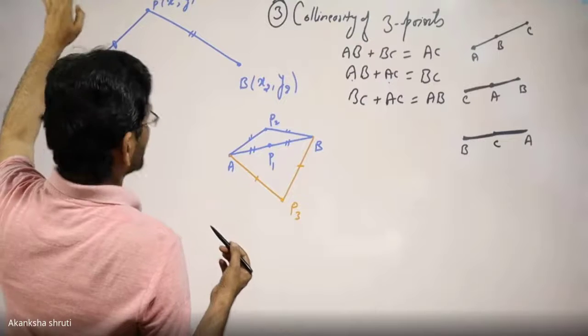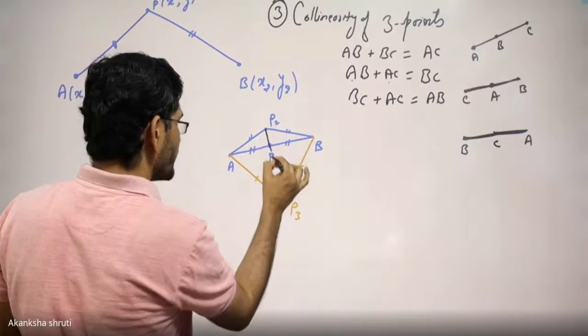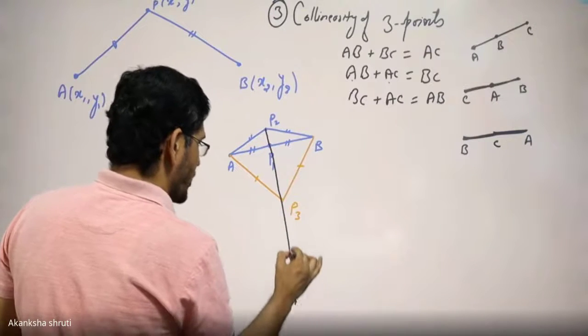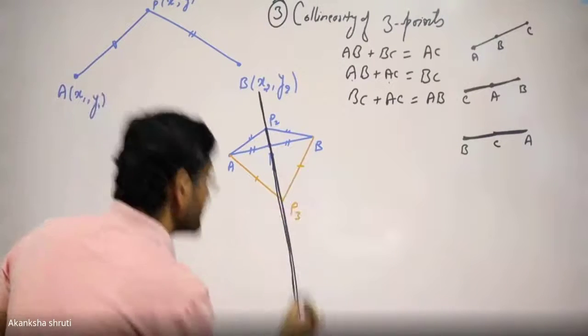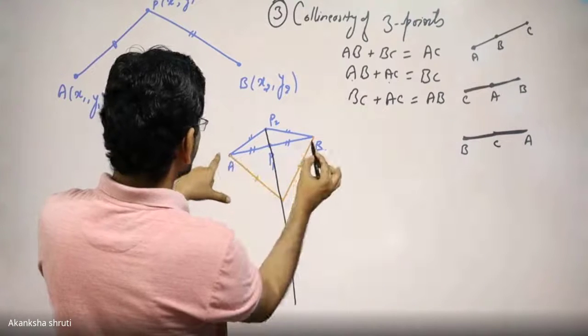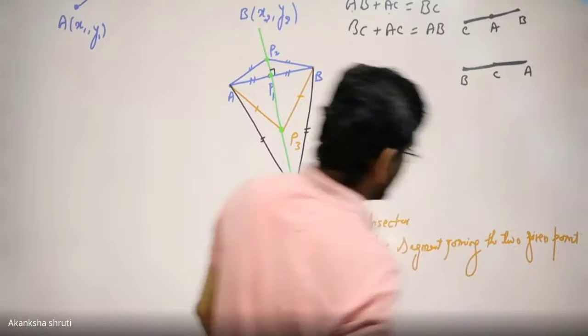Students, but if we join all these equidistant points, what are we getting? We will get that the equidistant points lie on a line bisecting the line joining the 2 given points. So, students, what have we learned?